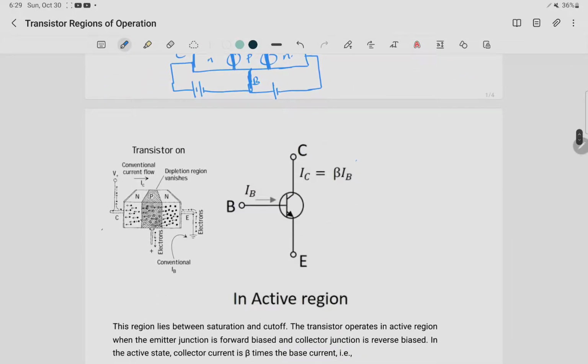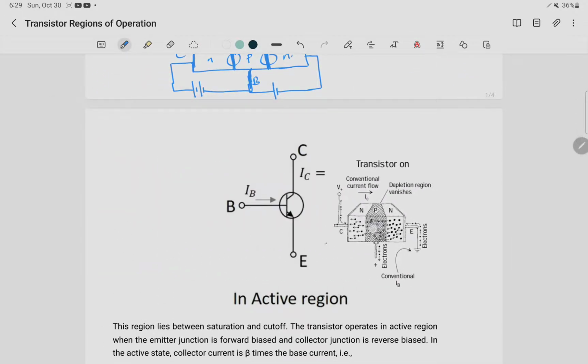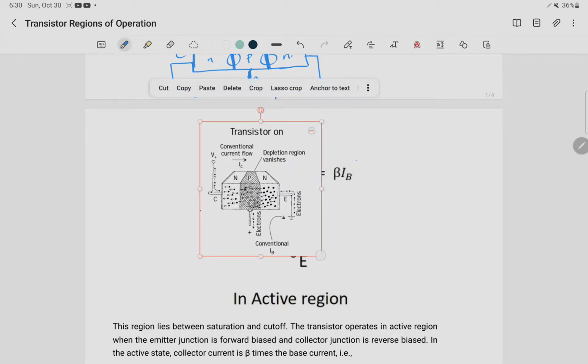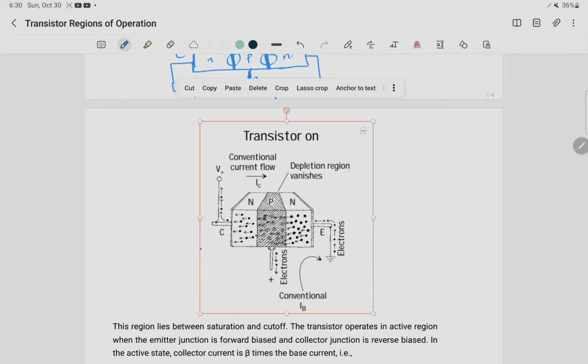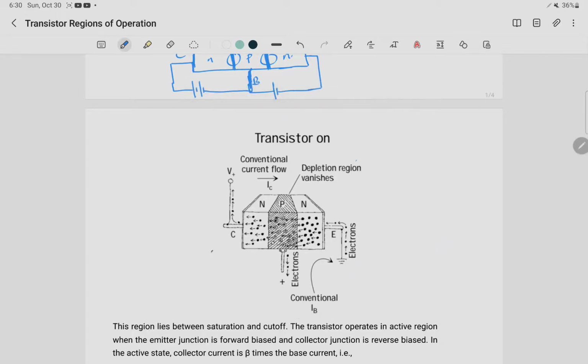Now let me use a better diagram to explain this. Last time in the previous video I explained how this works, so basically we only did the active region. If you look at this diagram, here we have a positive voltage relative to the emitter.